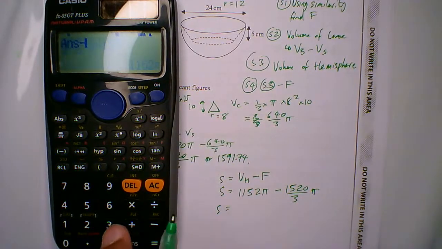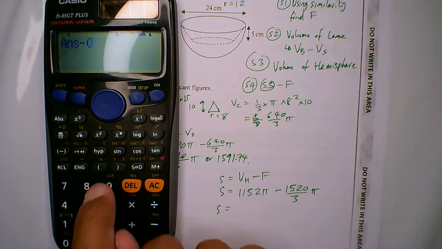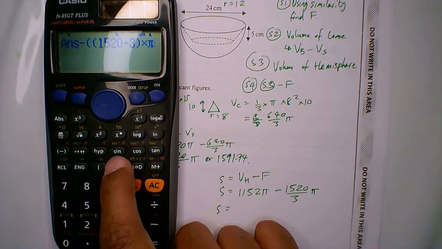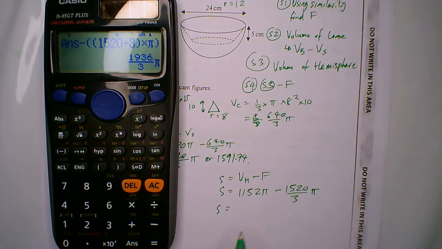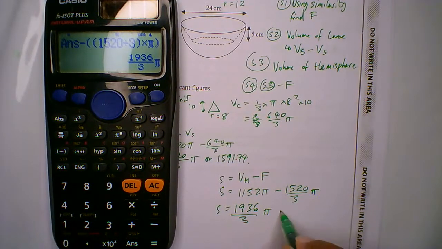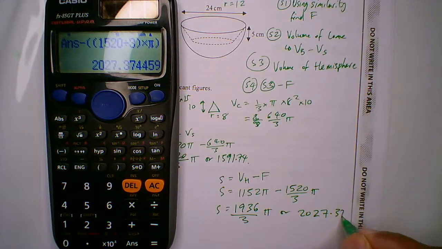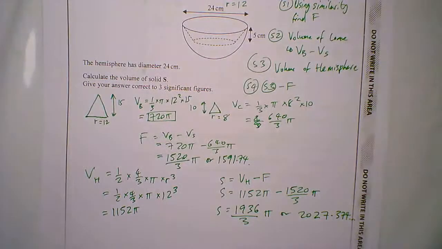So I just need to do take away bracket 1520 divided by 3, close bracket, times by pi, close bracket, gives me 1936 over 3 pi. And then I can change this, press the SD button, that's 2027.374. Notice I'm doing this only at the end.